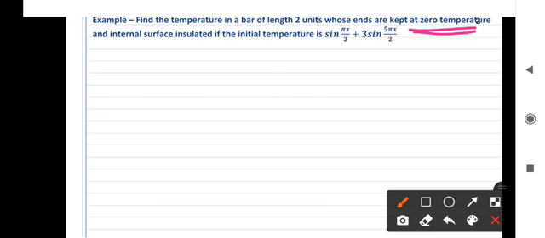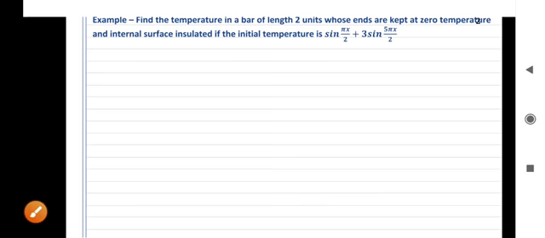These are the conditions, and one more condition is given, that is the initial temperature is sin(πx/2) plus 3 sin(5πx/2). We can write this in mathematical form as u(x,t) equals sin(πx/2) plus 3 sin(5πx/2) at t equal to 0.